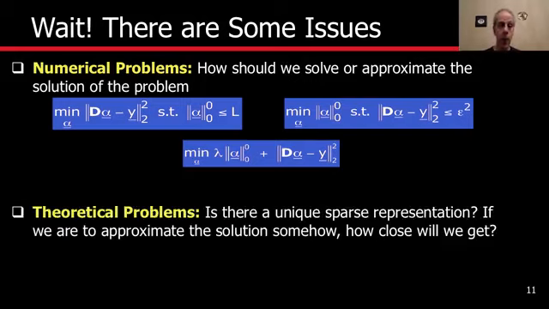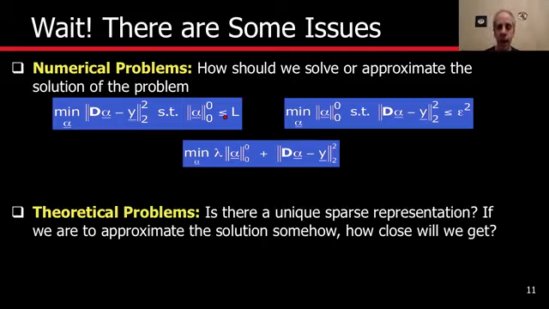Another problem, in this case a theoretical problem: will we always find an alpha? So I give you y, I give you a dictionary. Will I be able to find, for example, an alpha that is sparse enough and represents the signal up to a certain error? Is that possible? And if I find it, will that be unique? Will there be only one alpha?